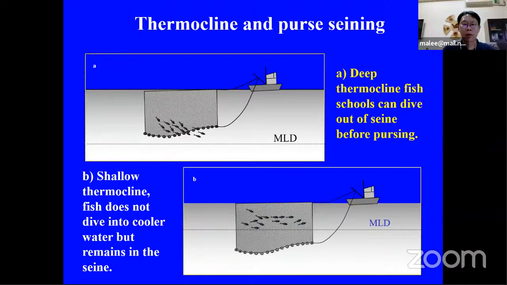So the upper and lower panels have a big temperature difference. The deep water is cool water, so the fish school does not like to dive into the deep water. So we can use the purse seine to catch the fish school in shallow summer thermocline conditions.